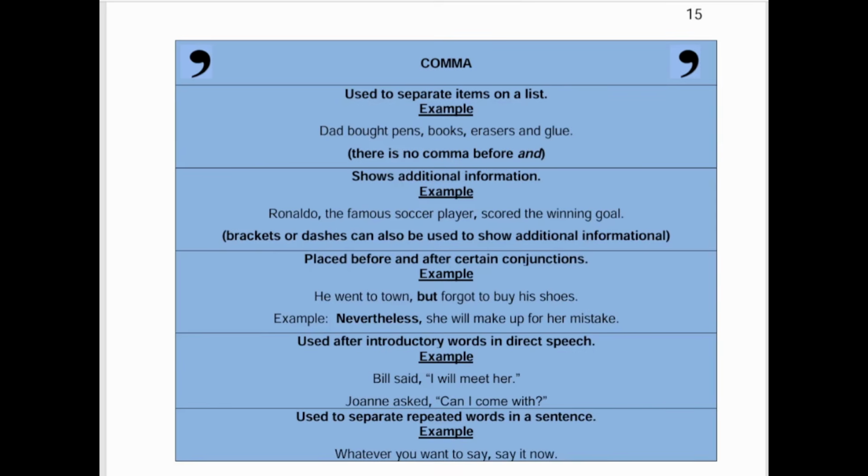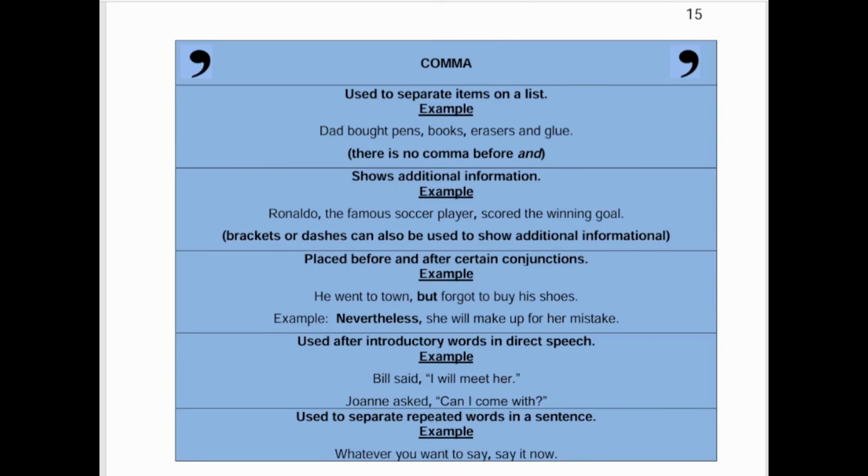But if there's additional information in that statement, you are supposed to place a comma in between: Ronaldo, the famous soccer player, scored the winning goal. Brackets or dashes can also be used to show additional information.